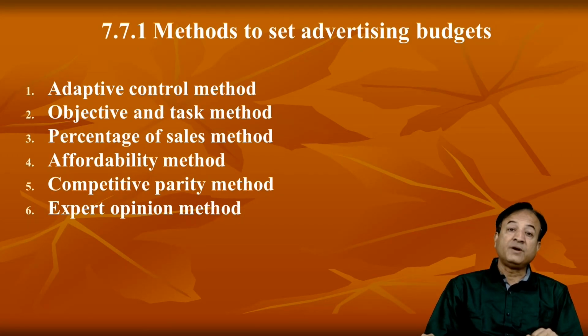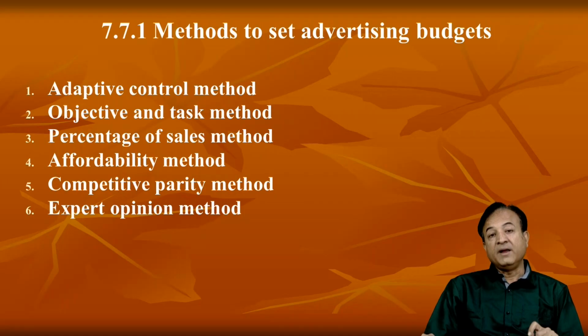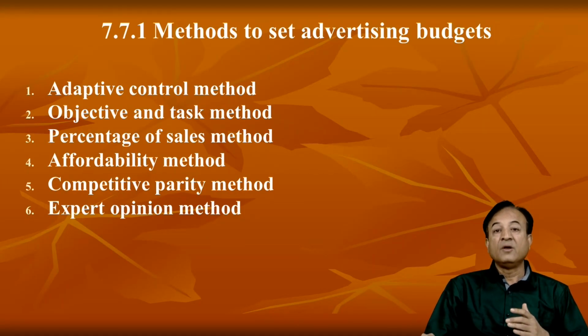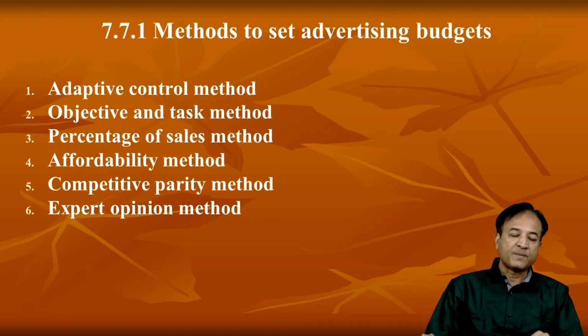Fifth, competitive parity method. A lot of times companies tend to set advertising budget in comparison with the competitors' advertising budget. These budgets may match the competition budget in terms of the advertising spend, either in rupees or as a percentage of sales.